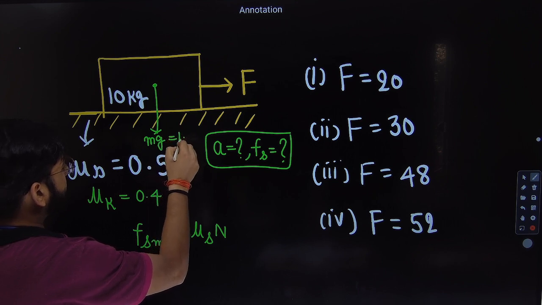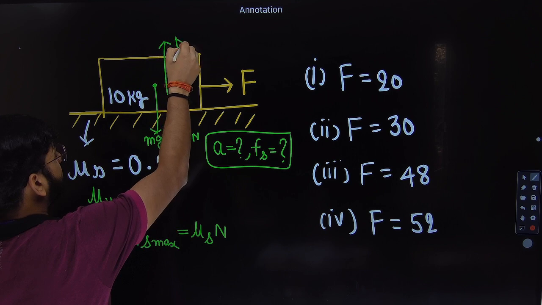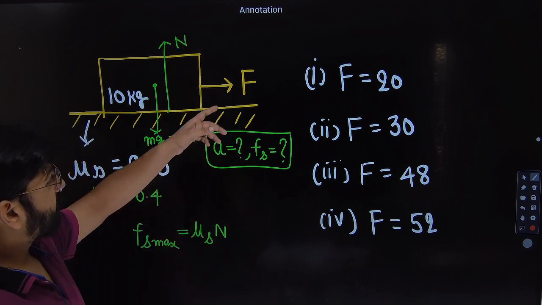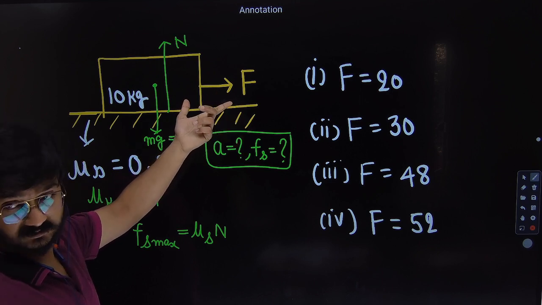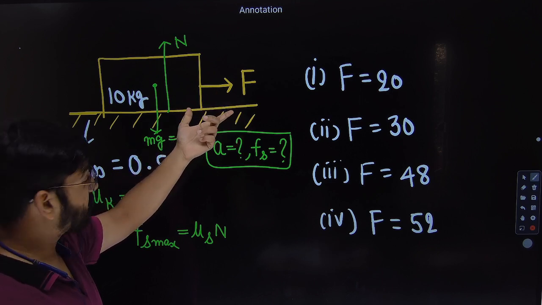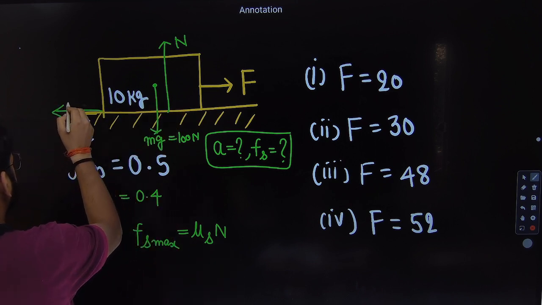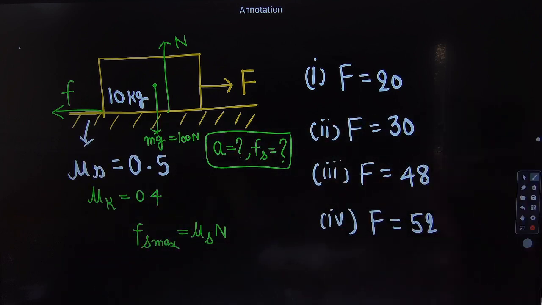So 10 into 10, 100. What will act in the upward direction? Normal or reaction force. If you apply a force in the right direction, friction will oppose the motion, so friction should be in the backward direction, left. Friction is always denoted by small f.